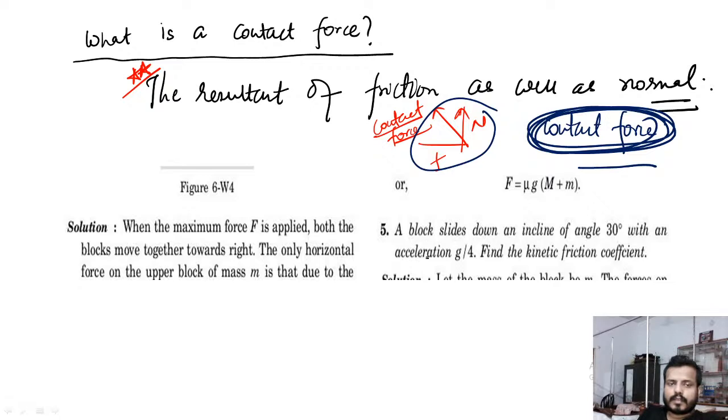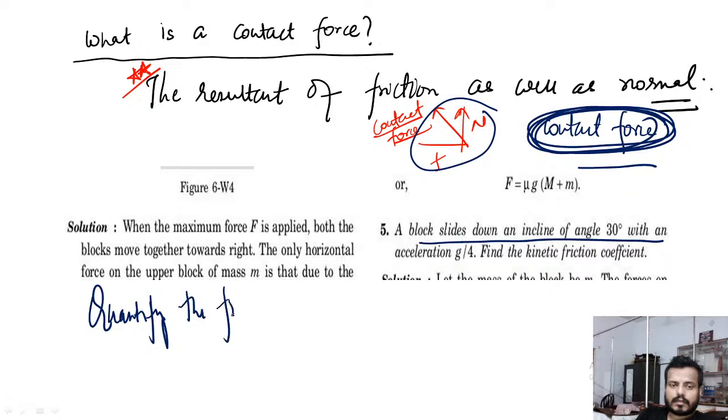Now a block slides down an incline of angle 30 degrees. So let's quantify the friction. Friction is directly proportional to normal.